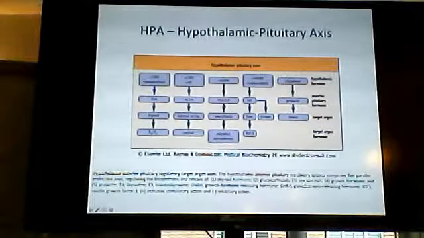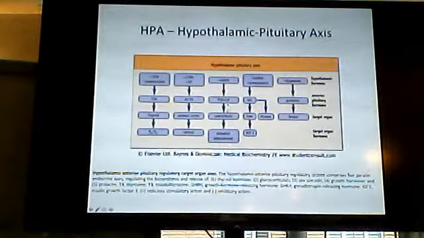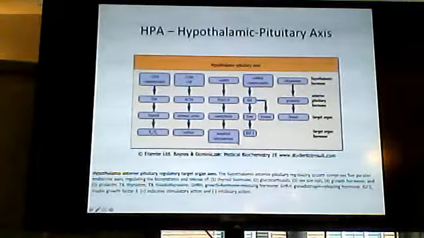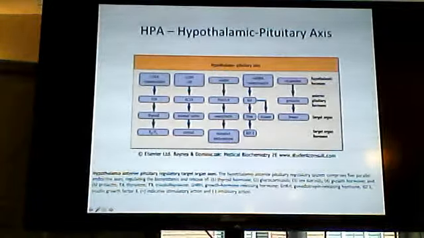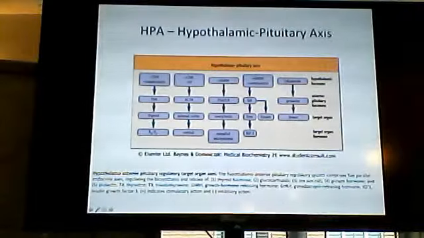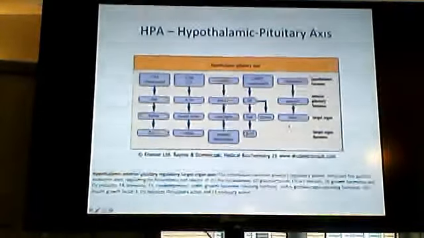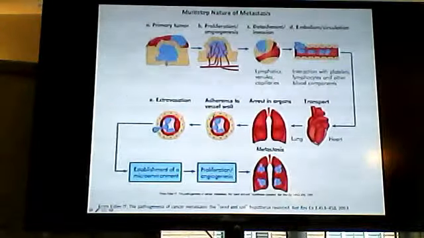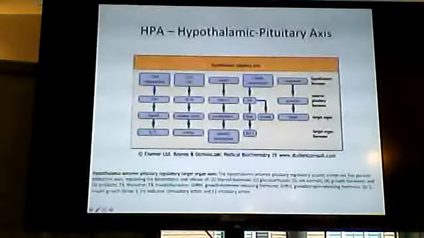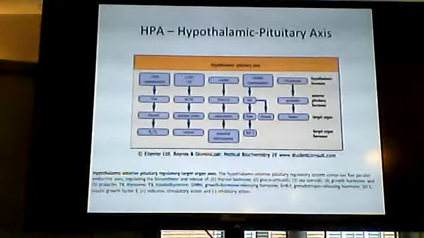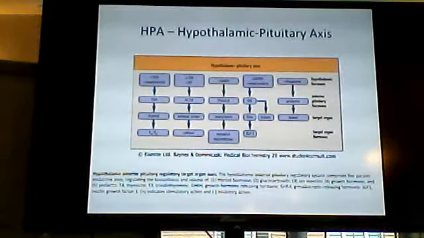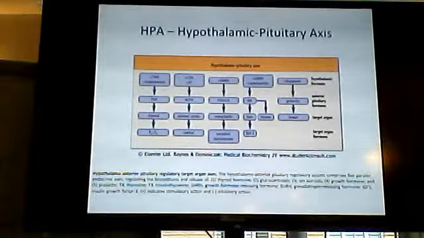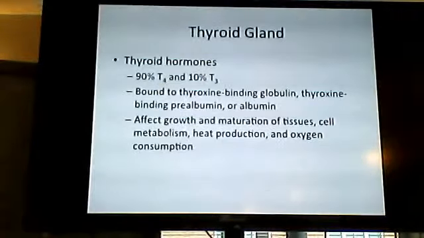GnRH stimulates FSH and LH production, which will tell the ovaries and testes to produce estrogen and testosterone. And then growth hormone stimulates the tissues to grow directly, but it also tells the liver to produce insulin-like growth factor 1. And lastly, prolactin will stimulate the breast.